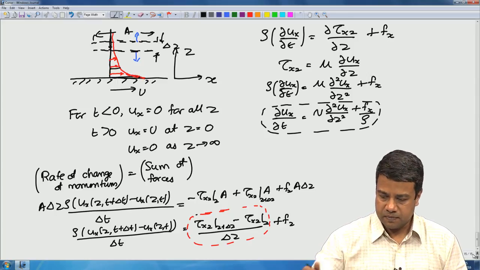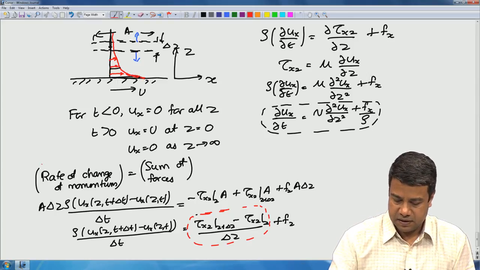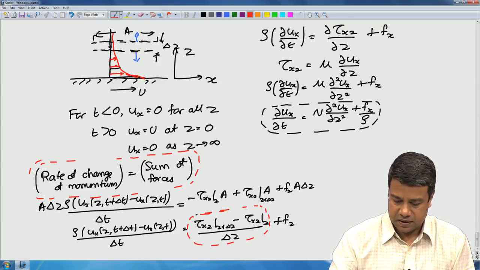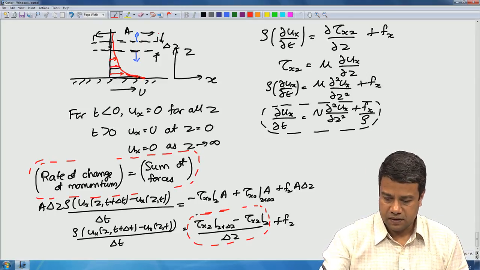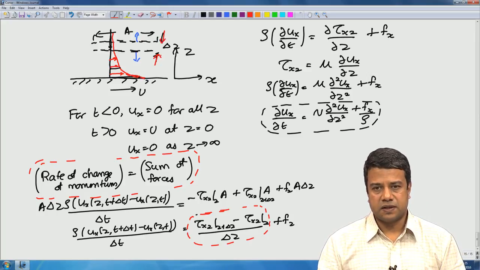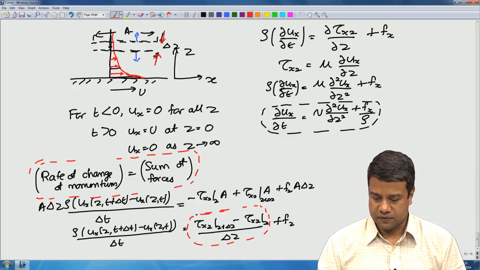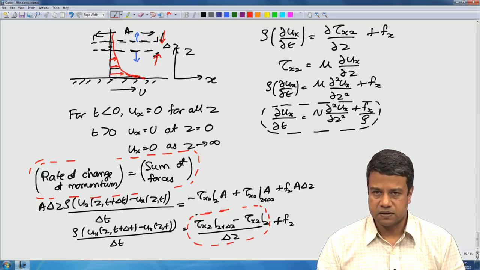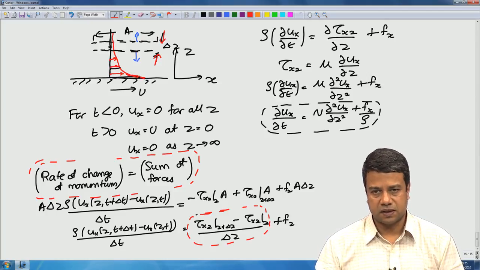We had framed the problem slightly differently in this case. The rate of change of momentum is equal to the sum of the forces acting on that fluid element of thickness delta z. Forces are of two kinds: surface forces, which act on surfaces, and body forces, which act toward the entire volume.